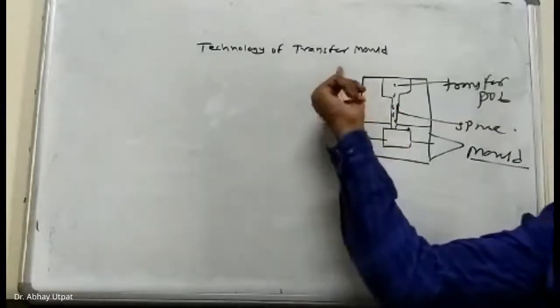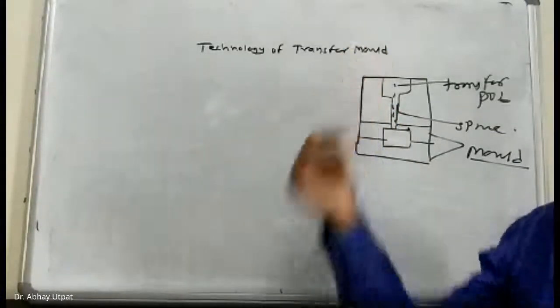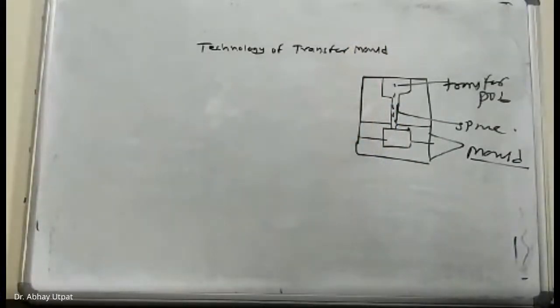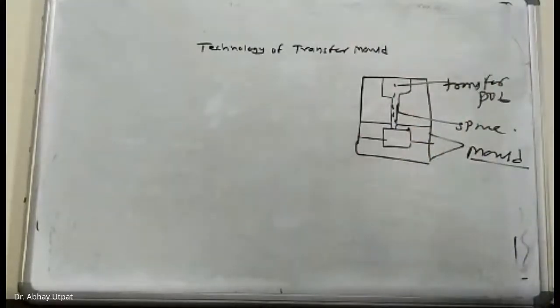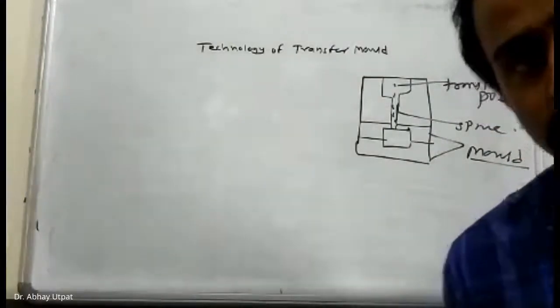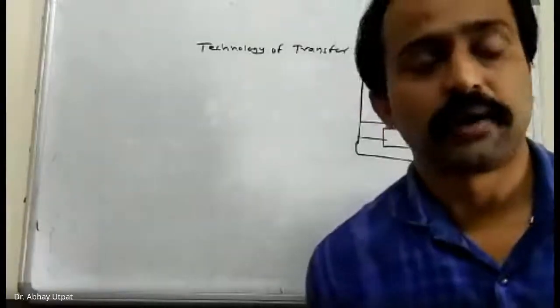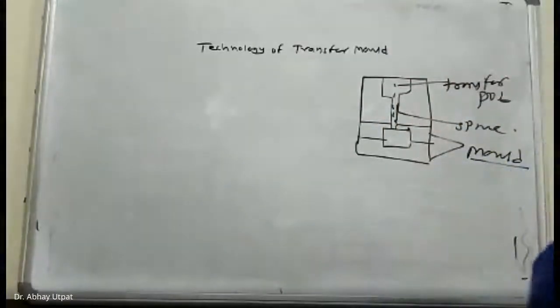This extended part, which has a transfer pot and arrangement, is employed in transfer molding, and it is one of the advanced developments in compression molding.